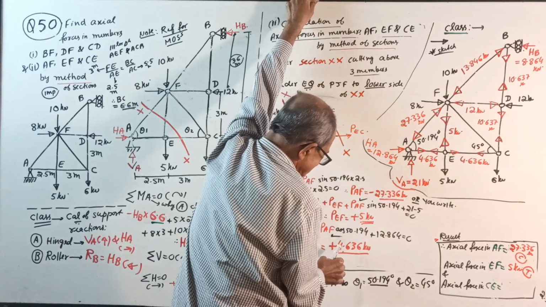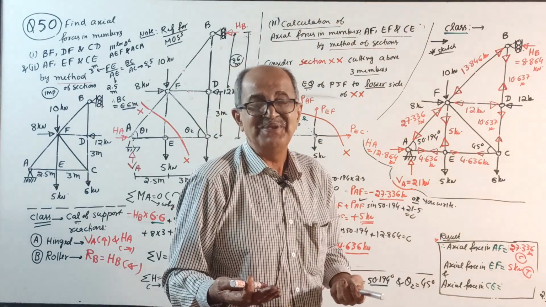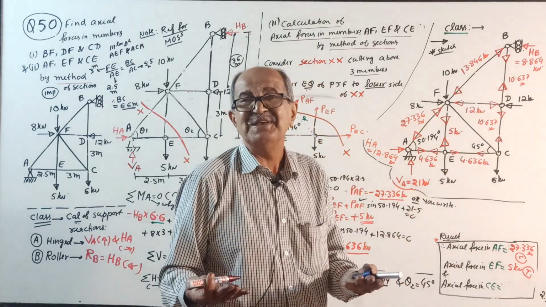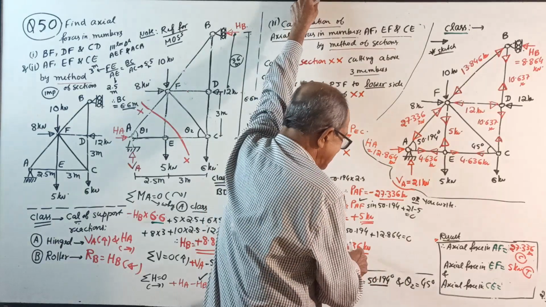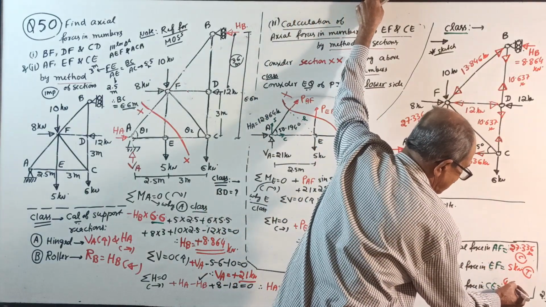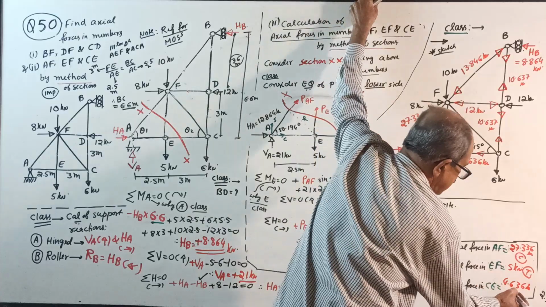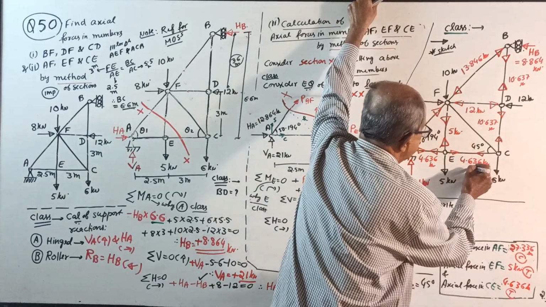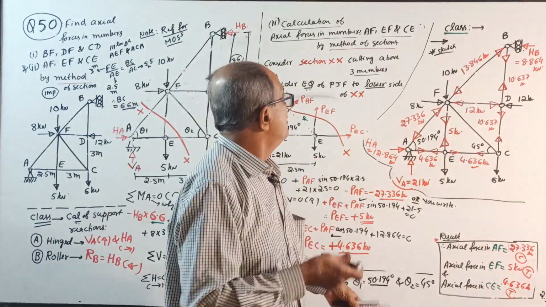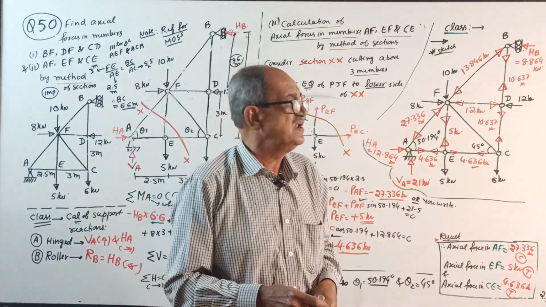That is checking. 4 point. I am seeing there because I know it will come same. See, for me, that or this both are same. Okay. 4.636 kilonewton. Here, solution you should see. 4.636 kilonewton plus came, tension. Yes. Perfectly matching. Now, those who are serious, solve this question by method of joints also.